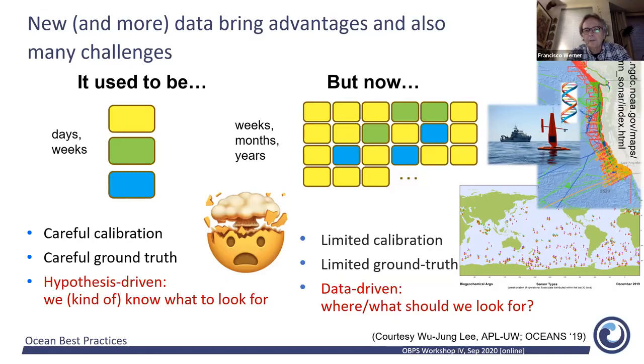So we have a wealth of data that we can collect and look at, or that is being collected, sometimes by people we don't really know yet. And the question is, how do we make use of that? So we have to find a combination between hypothesis-driven and data-driven. And the reason you have that little emoji there with the head blowing up is how do you make all this happen with just massive amounts of data that are coming in. Next slide, please.